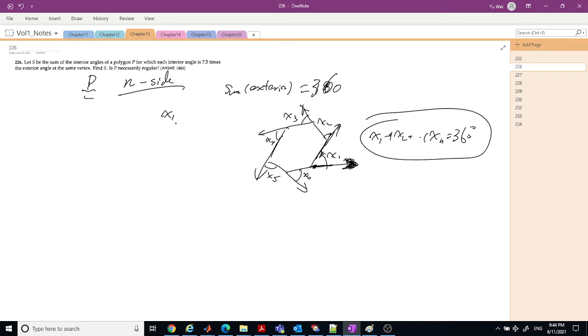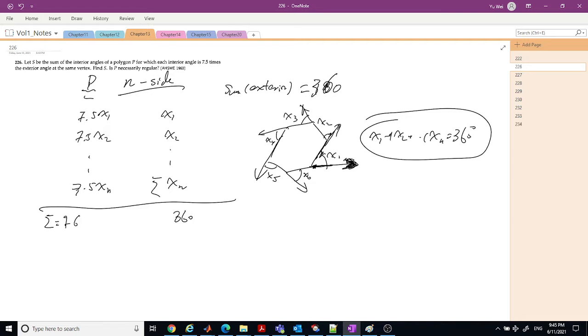Now let's see the exterior angles x1, x2, up to xn for the n-gon. The interior angle is 7.5 times each one: 7.5 x1, 7.5 x2, up to 7.5 xn. If you sum the exterior angles, it becomes 360. If you sum these, it becomes 7.5 times 360.